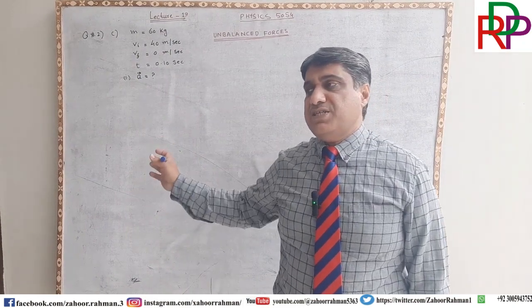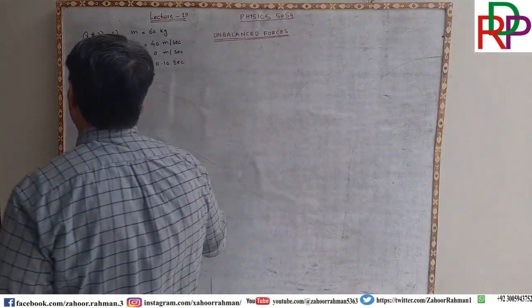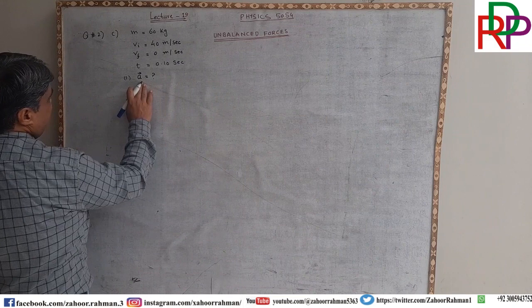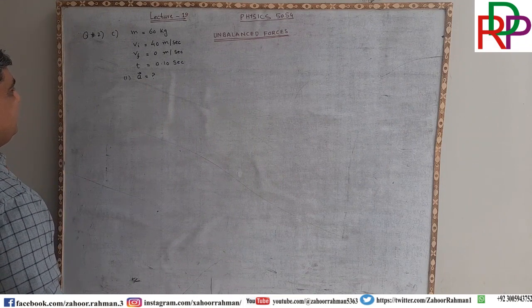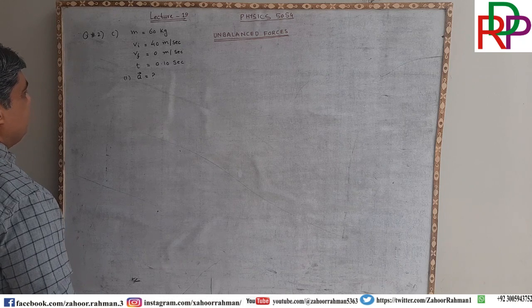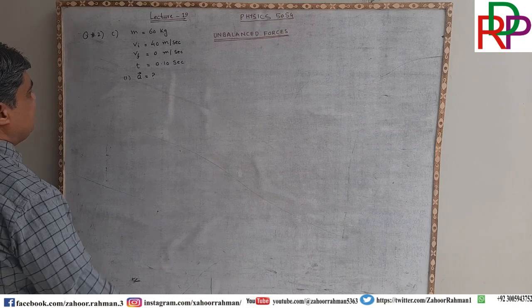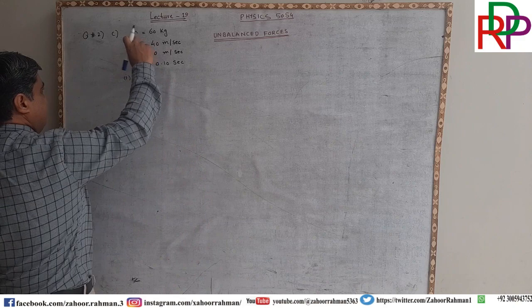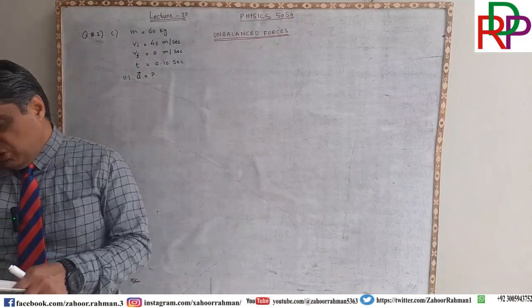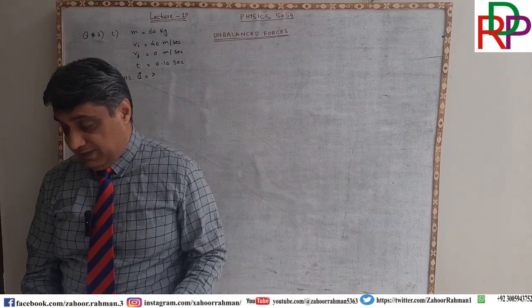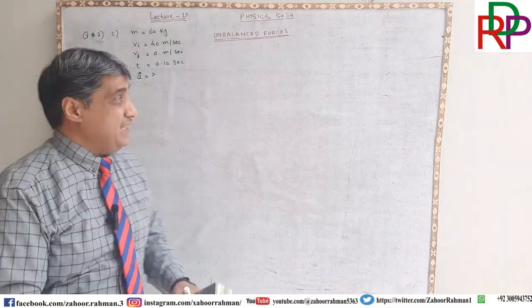So the answer must be negative. We are going to find the acceleration, and for that we need the velocity, and time is given. So velocity and time we have to write.